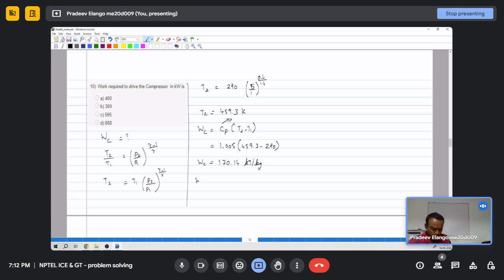So now to calculate the rate of work, we need to multiply with the air flow rate. So air flow rate is 2 kilogram per second into 170.14, that is the compressor work.